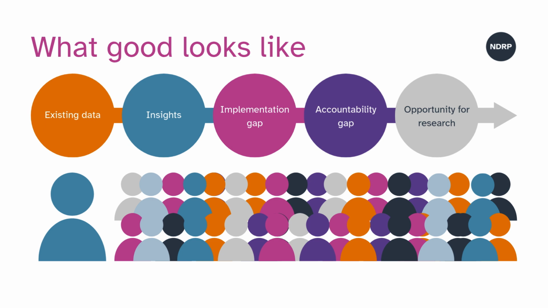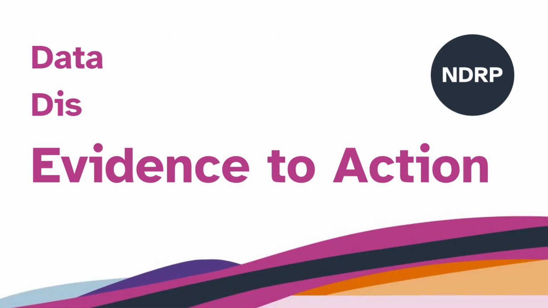Data that is shaped with people with disability, grounded in clear definitions, connected across systems, accessible to communities, and ultimately used. Used to improve policy, used to improve practice, used to improve people's everyday lives. Because good disability data should not stop at insight, it should help create action.